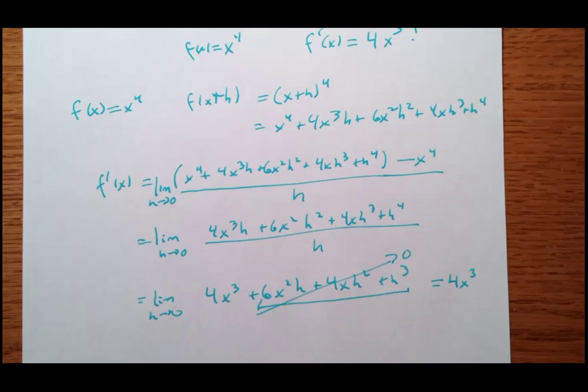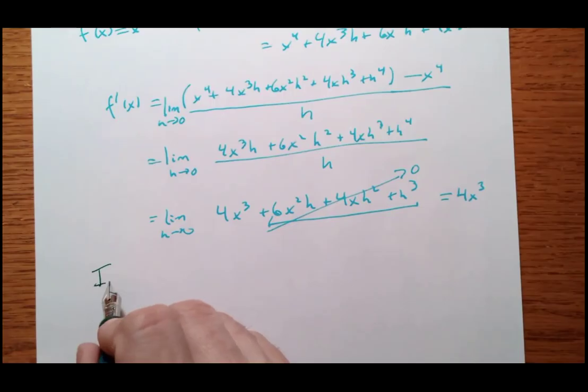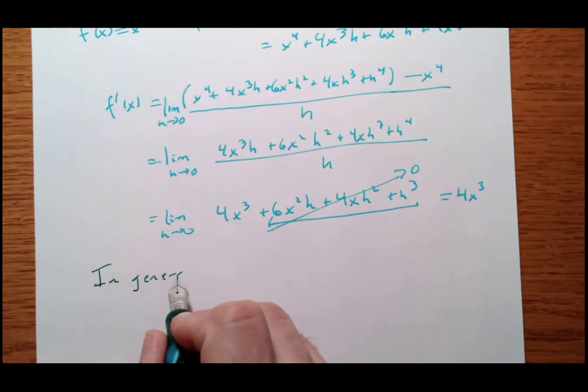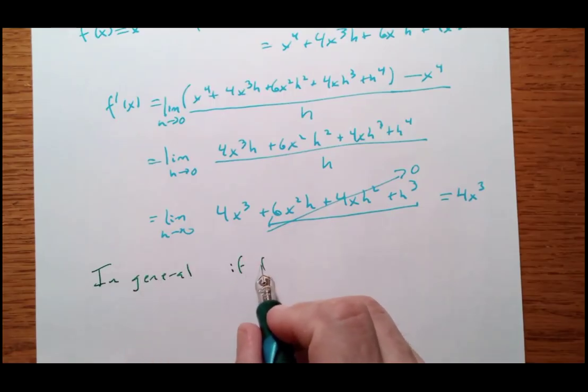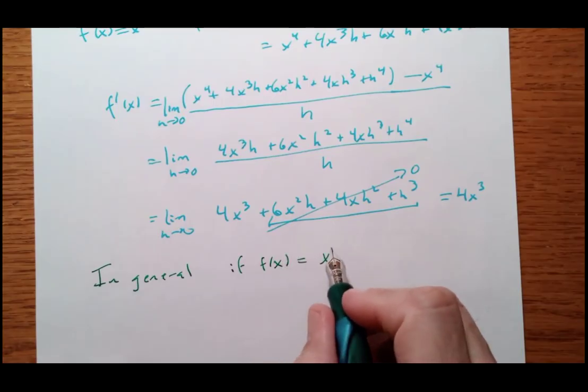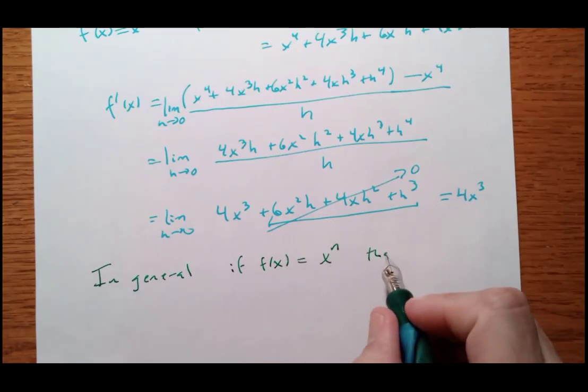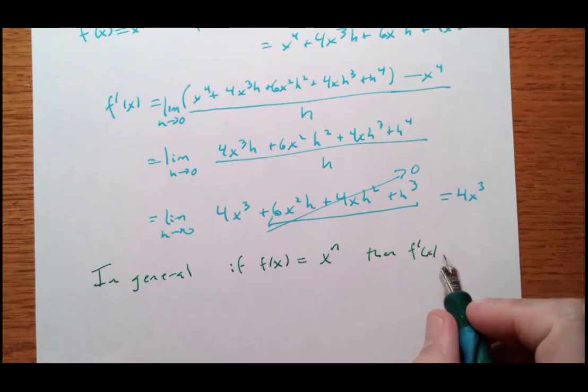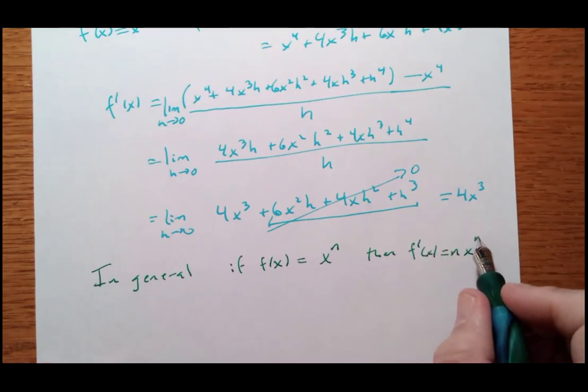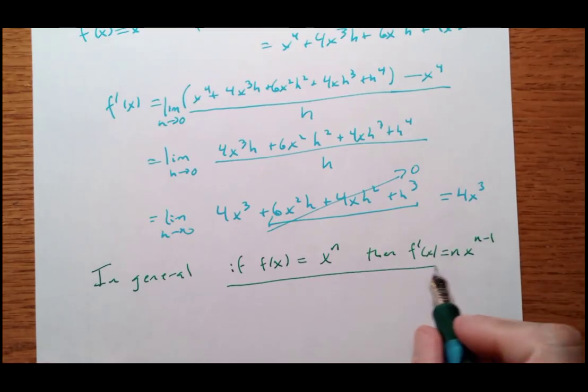We would cover it in an introductory analysis course, not just an introductory calculus course. In general, if f of x is x to the n, then f prime of x is nx to the n minus 1.